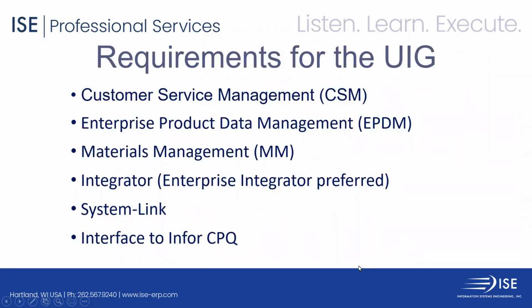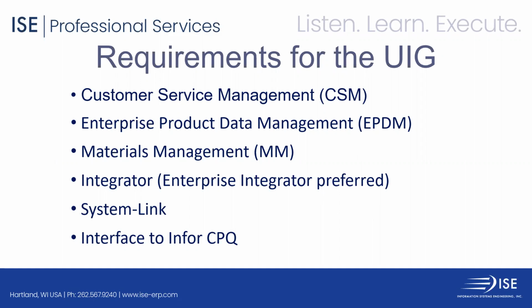So what are the requirements for the UIG? Of course, you have the same requirements that you would need for XA to incorporate with CPQ that I presented way back when. And so those all are still valid. You definitely need CSM, EPDM, MM, because MM's there because you're building item warehouse records for each unique item revision.